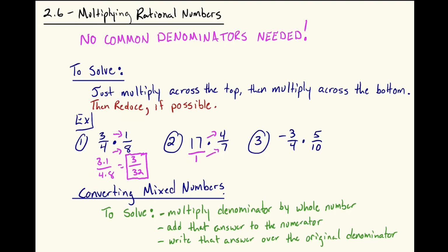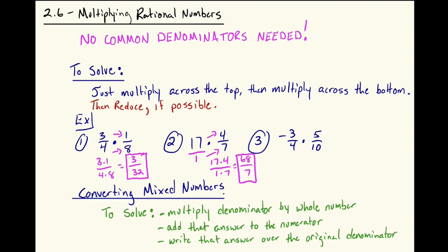We multiply across the top and across the bottom. We get 17 times 4 on top and 1 times 7 on the bottom, which ends up being 68 over 7. I check to see if it can reduce. It cannot, so we have our final answer.